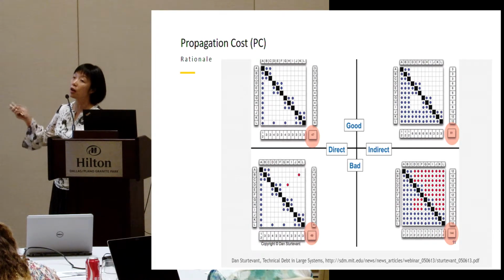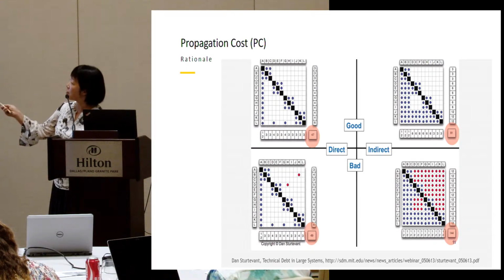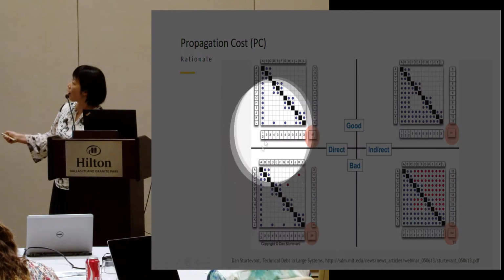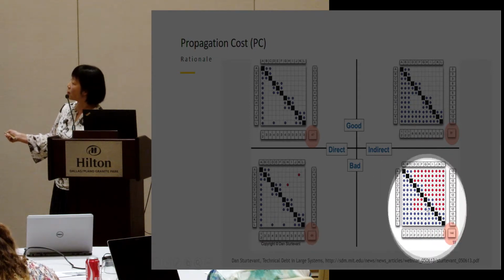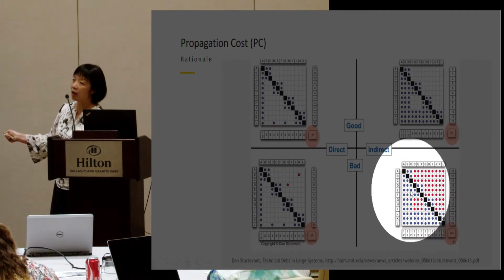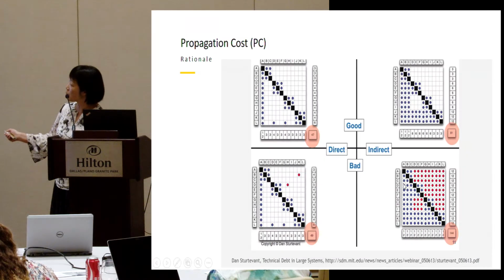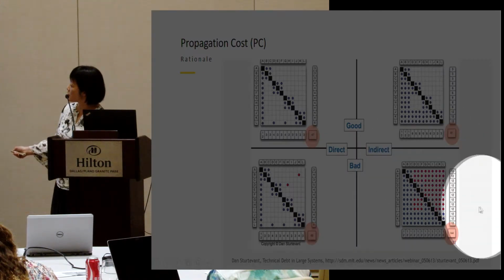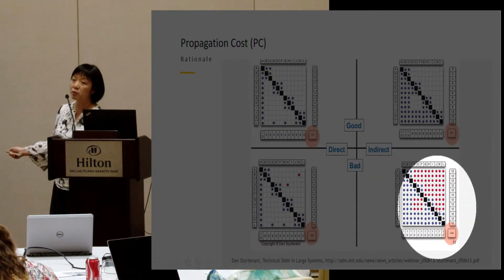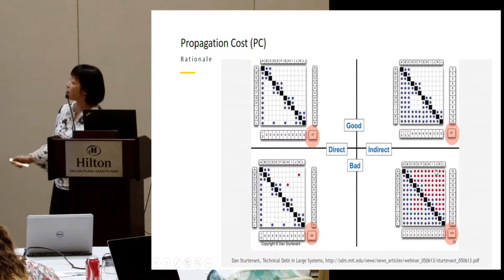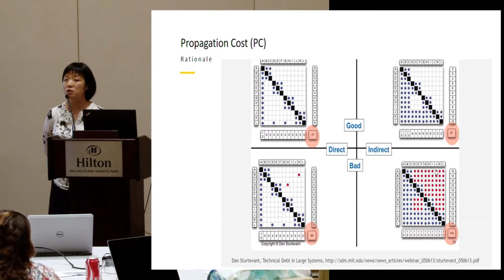That is, they calculate the maximum transitive closure of the first matrix and see, eventually, how many direct and indirect dependencies there are together, and divide that by the total number of cells. So in this case, the propagation cost is 100%, right? Which means that any change in one of the files is possible to influence any other file in the system. So their metric measures how tightly coupled a software system is.